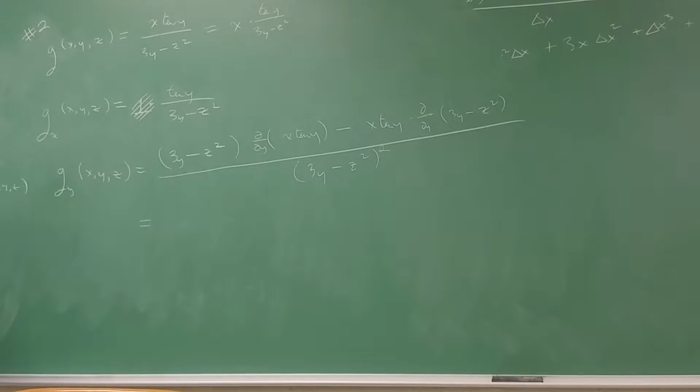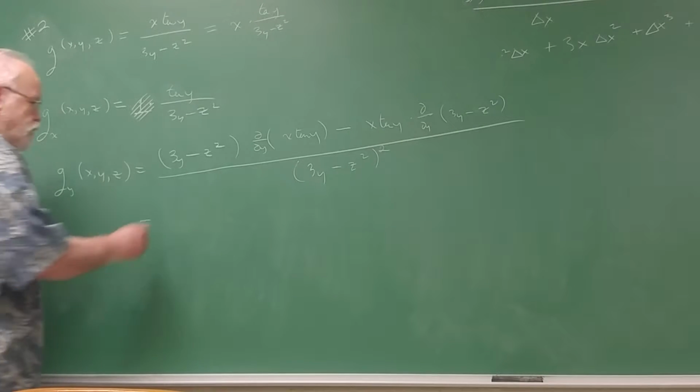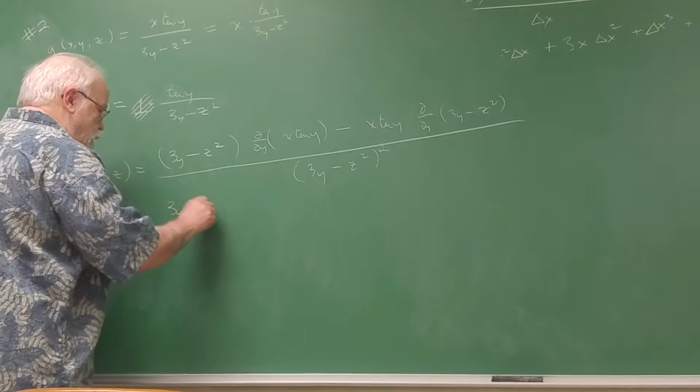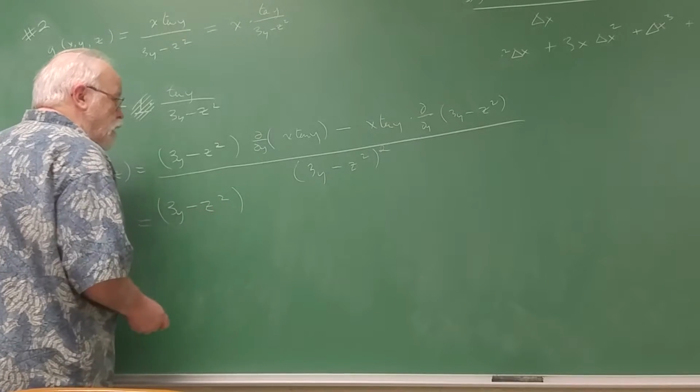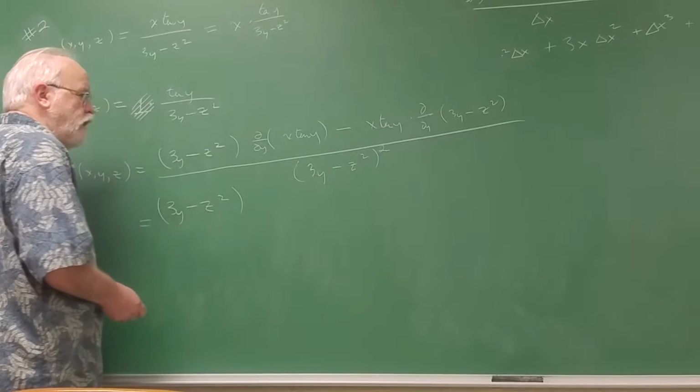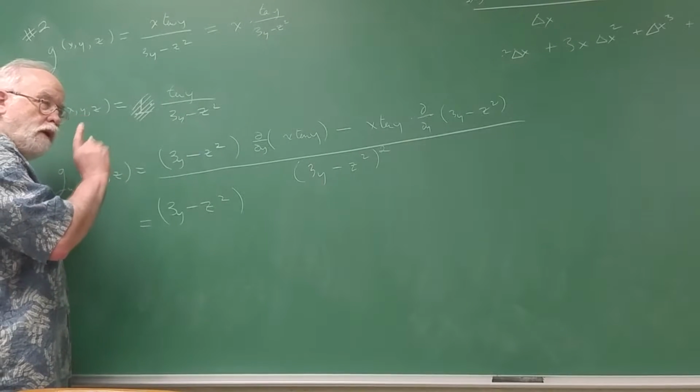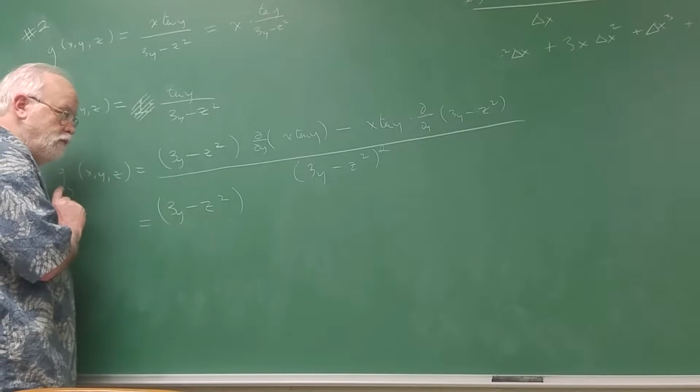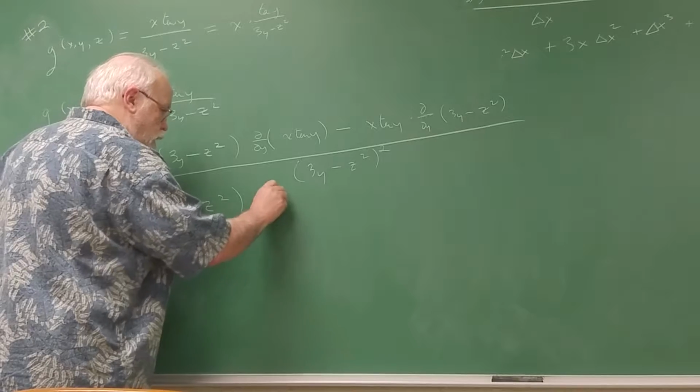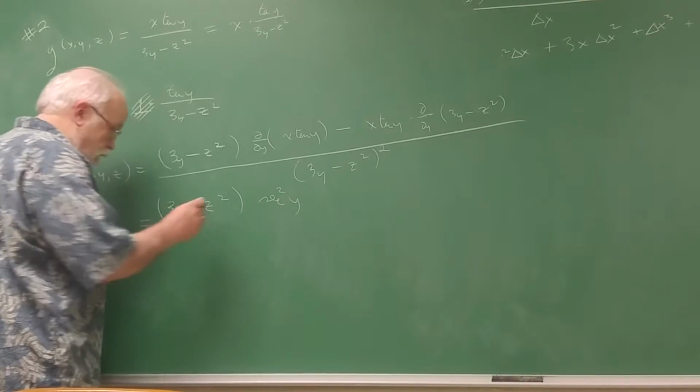What's your motivation? All right, the theme here, and again, you got basically the same rules. So the quotient rule is going to work. Now it's just a matter of implementing it. So the bottom, now what's the derivative of x tangent y with respect to y? Secant squared y, times x.